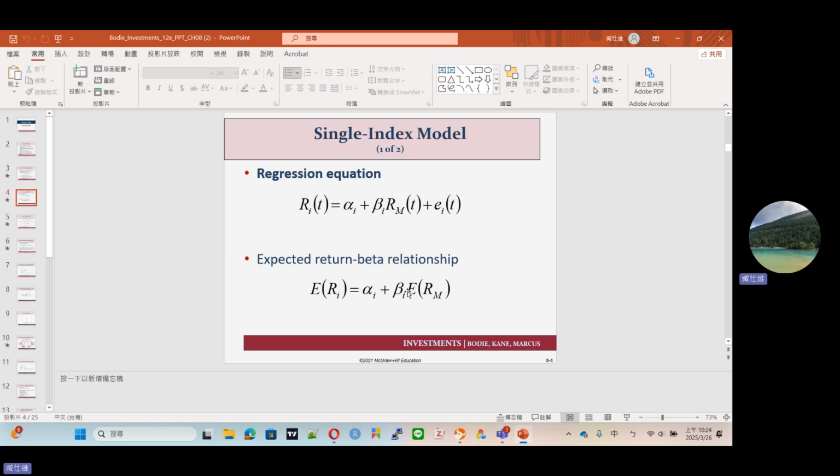If beta is higher, what does that mean? For example, stock A, beta is 0.5. For stock B, beta is 1.5. So what's the difference between stock A and stock B?